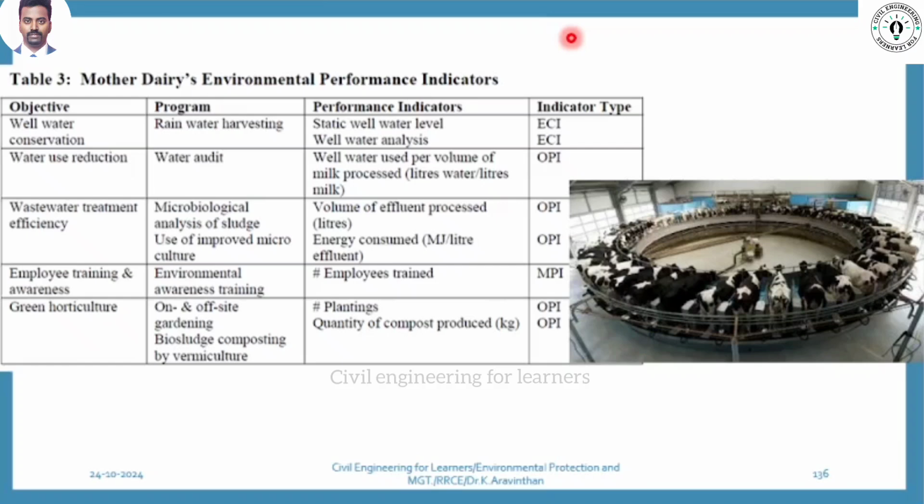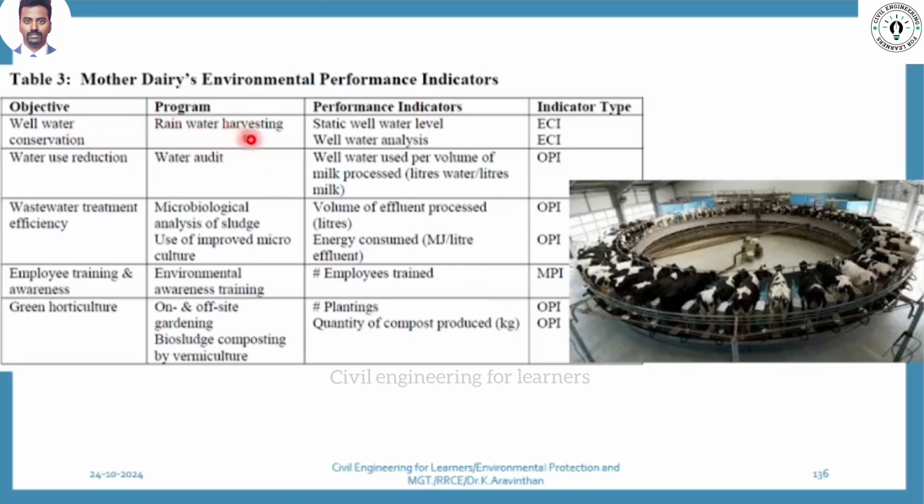This is a dairy industry. They develop the cows in a well planned manner. So this is a dairy industry, Mother Dairy environmental performance indicator. If you are making any dairy industry evaluation, for cows, what are all the requirements? Do you need water for cows? Yes.